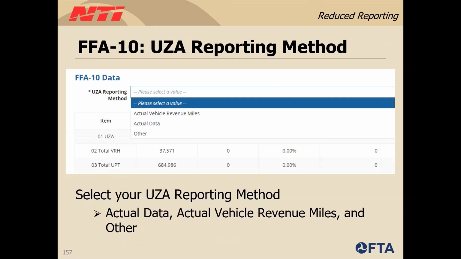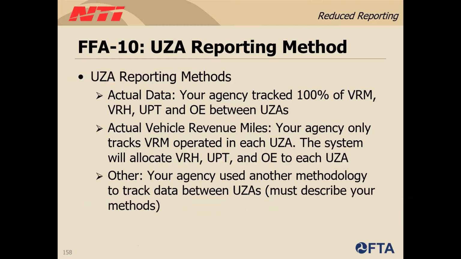You will first select your UZA reporting method. There are three options: actual data, actual vehicle revenue miles, or other. For actual data, this means that your agency tracks 100% of vehicle revenue hours, vehicle revenue miles, unlinked passenger trips, and operating expenses between all of the UZAs that you serve.